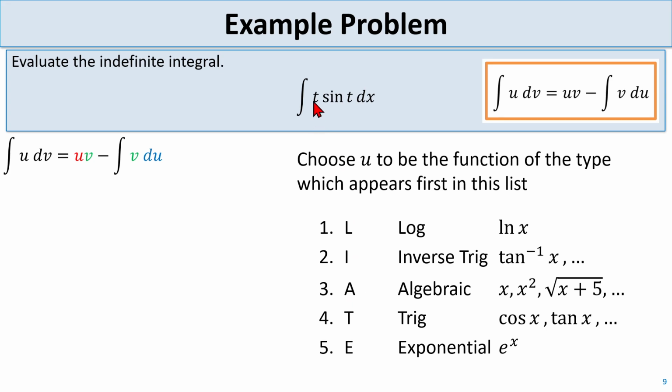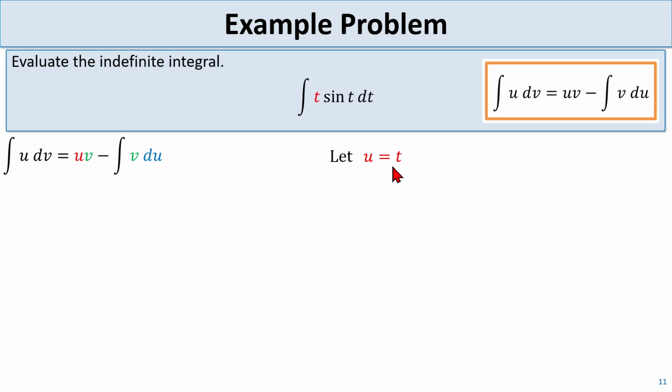So the first function type from our list is algebraic. There's a factor of t here that appears before trig functions. So we're going to let u equal t. And next, that means dv has to be everything else inside the integral.